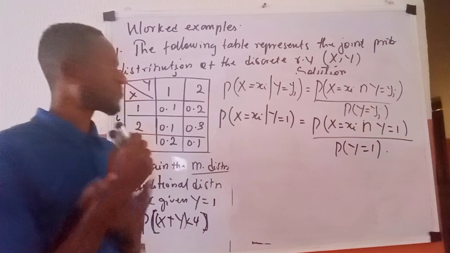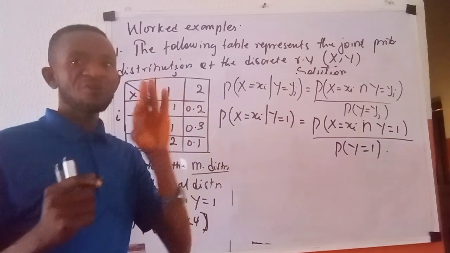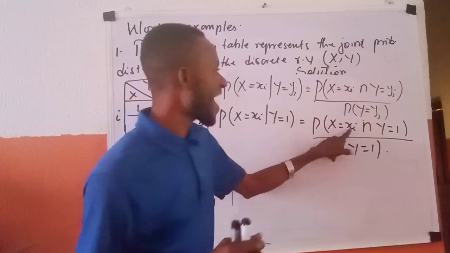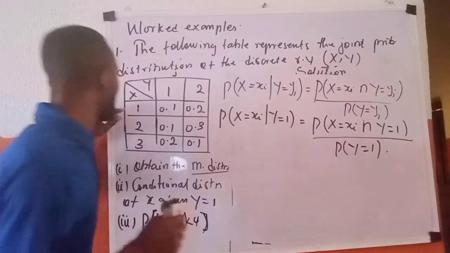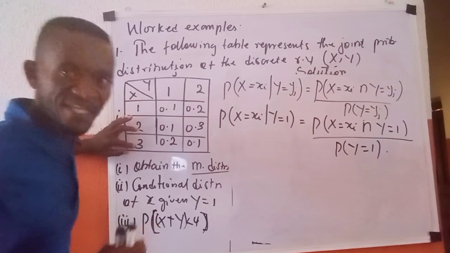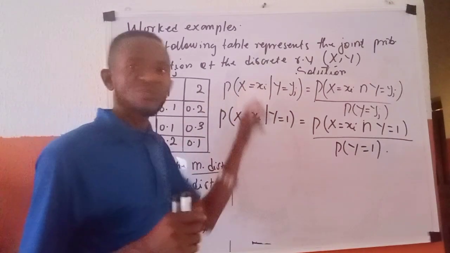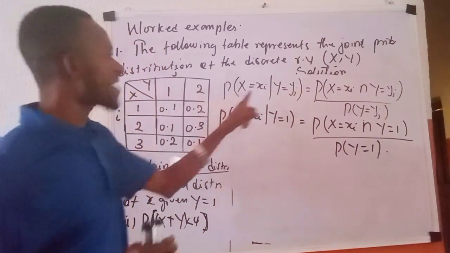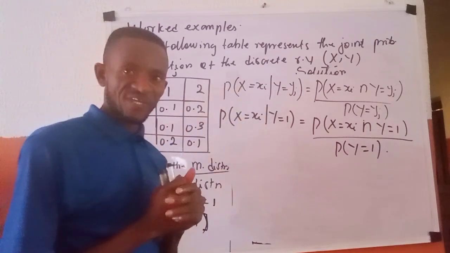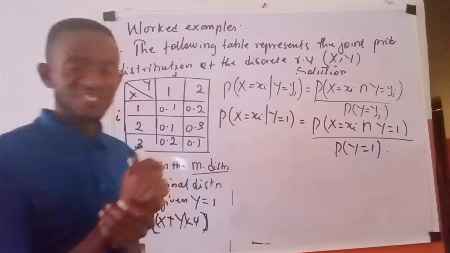Okay? So there's something that we are going to pay attention to here. You see, we have Xi here, and our Xi began from X is 1 here, X is 2 here, X is 3 here. So we are going to get this conditional probability when X equals 1, when X equals 2, and when X equals 3 to form the conditional probabilities.